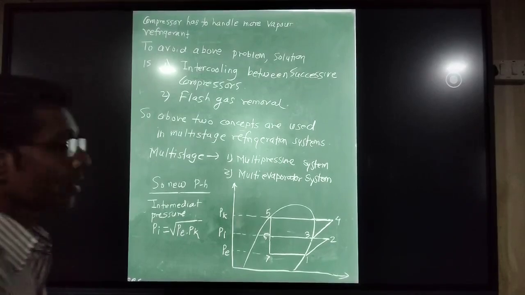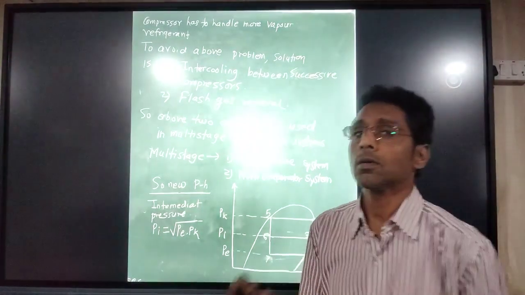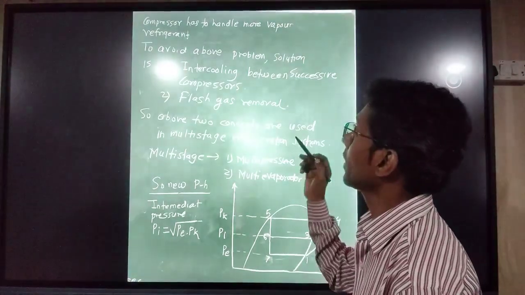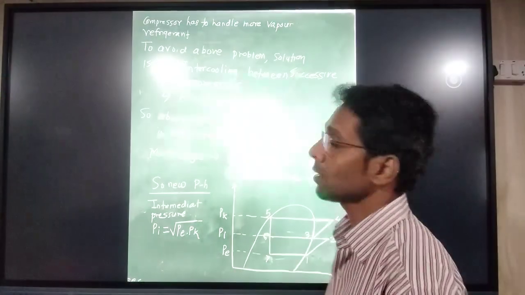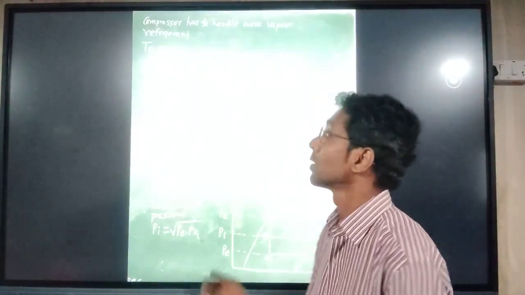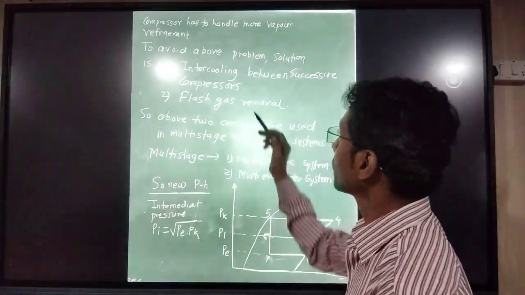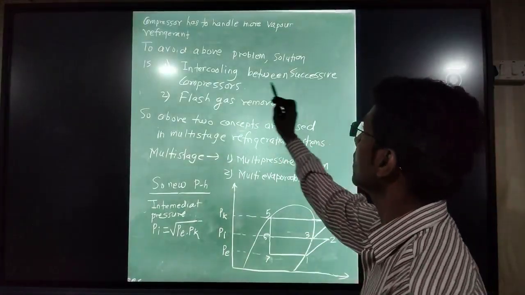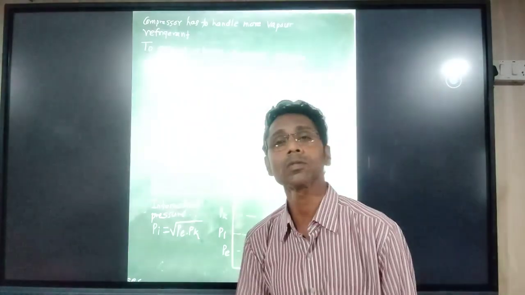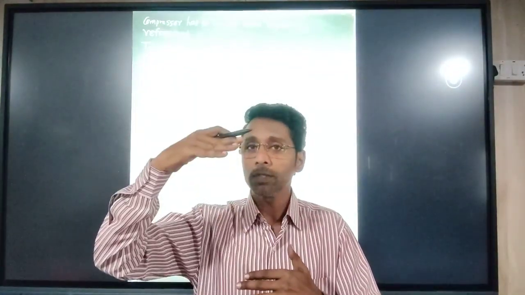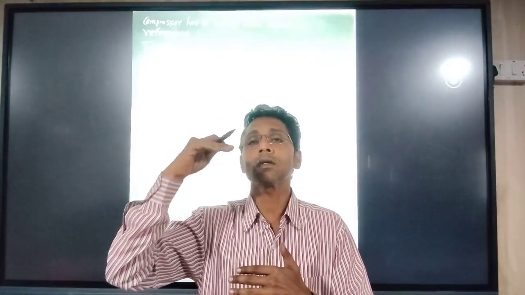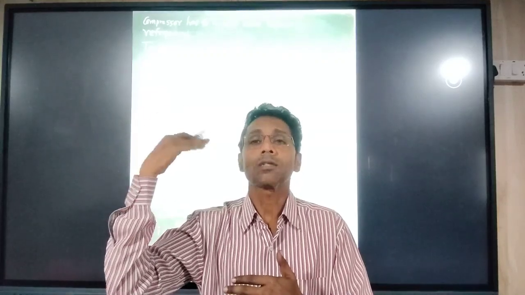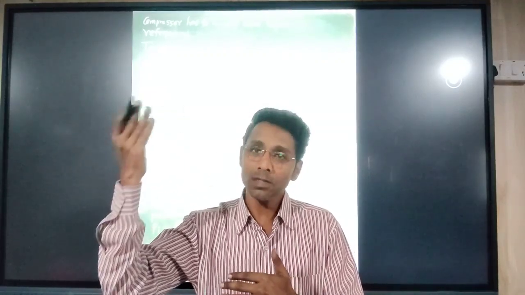To handle more refrigerant in the compressor and to avoid the problems we just discussed, there are some options available. The first is intercooling between the successive compressors. When we use a single compressor, the pressure ratio increases, and at the end of compression there is a superheated vapor whose enthalpy is also more.